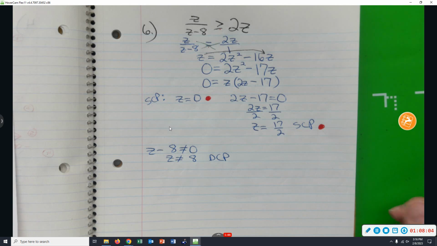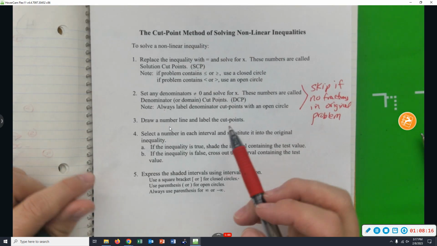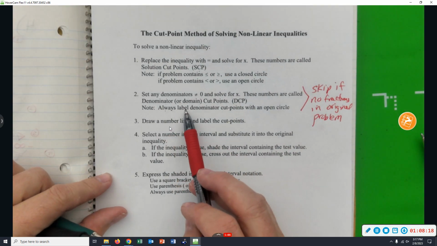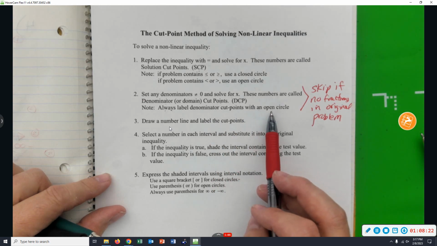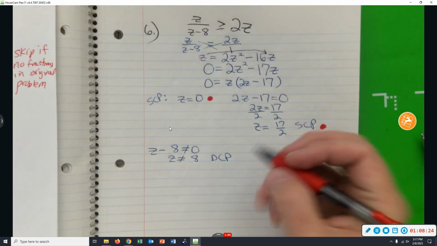Do you ever want a denominator to equal 0? No. So how will I label it? If you're not sure, the recipe says it. Always label denominator cut points with an open circle.